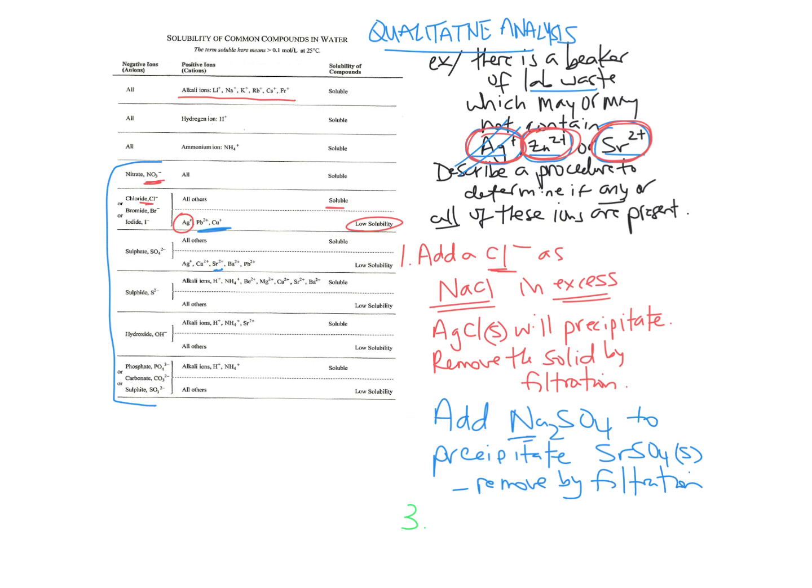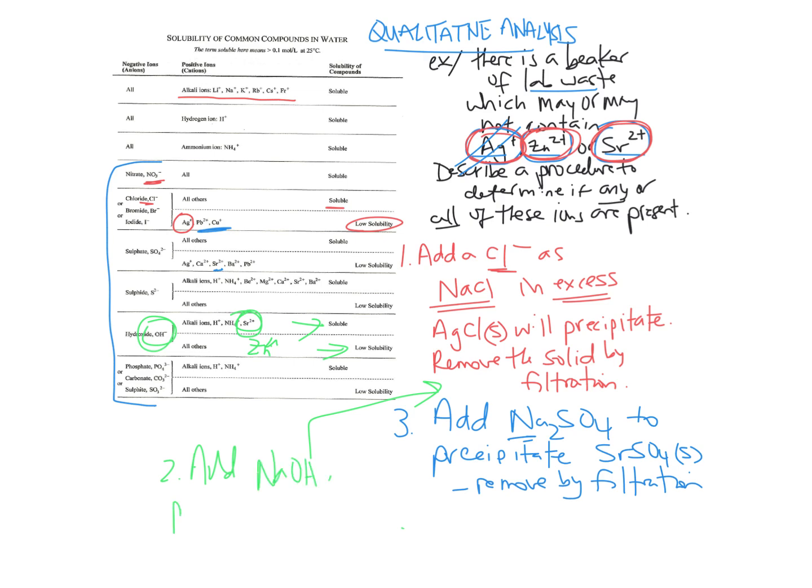Let's do this one as step 3. What I do see is that if we add hydroxide, it'll actually leave the strontium as soluble, but all others will be low, so that includes zinc. So let's do that. Step 2, add hydroxide as sodium hydroxide.